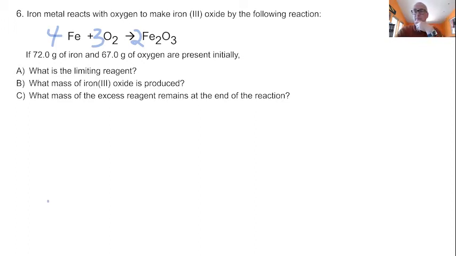So are people comfortable with dealing with limiting reagents? How to figure out which one of these is limiting? How would we determine whether iron or oxygen is limiting here?